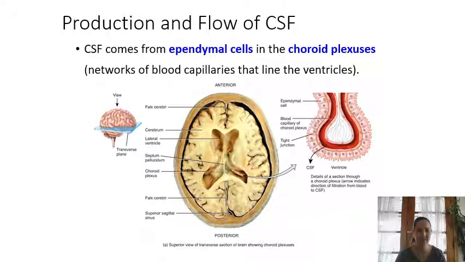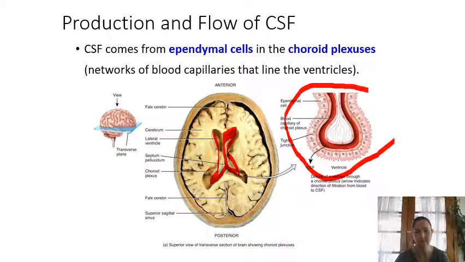Here's a better look at some of those ventricles. So you can see these cavities in the brain here. Let me highlight them. So lateral ventricles. These are areas in the brain that are lined with choroid plexuses. So choroid plexuses would be this structure over here. These choroid plexuses are lined with ependymal cells.